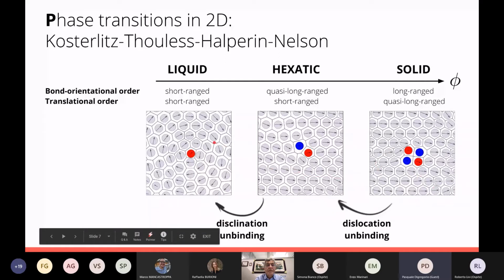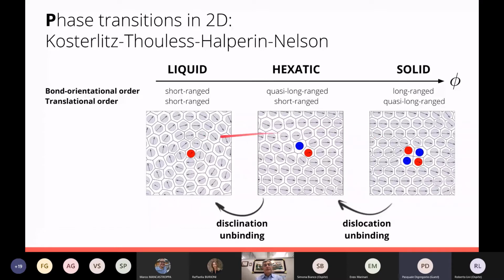Let me just describe you first this picture. In these pictures here, the gray disks are the ones with the right number of neighbors, which is 6, while the red particles have 5 neighbors, and the blue particles have 7 neighbors. So isolated particles with 5 or 7 neighbors are the isolated disclinations.